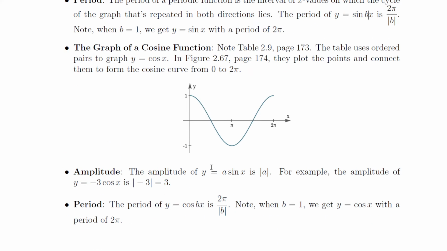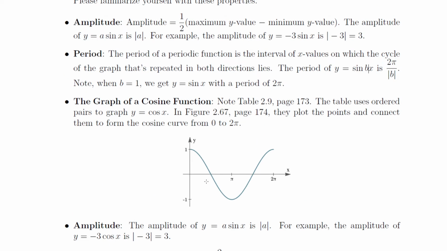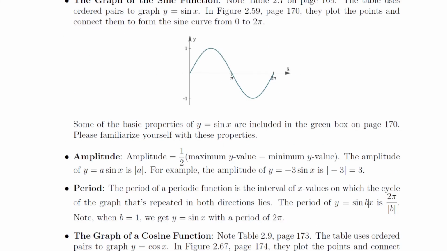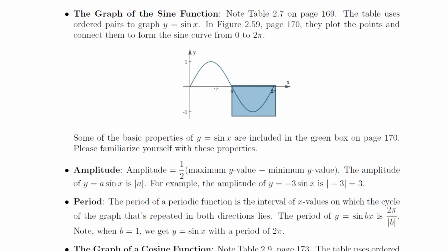It's almost identical. The only difference between sine and cosine is that it's shifted by pi over 2. So notice right here how the graph actually goes through 0 at pi over 2. We'll take a look back here. It goes through 0 at pi. So all we're doing is taking this piece right here and starting it backwards a little bit.